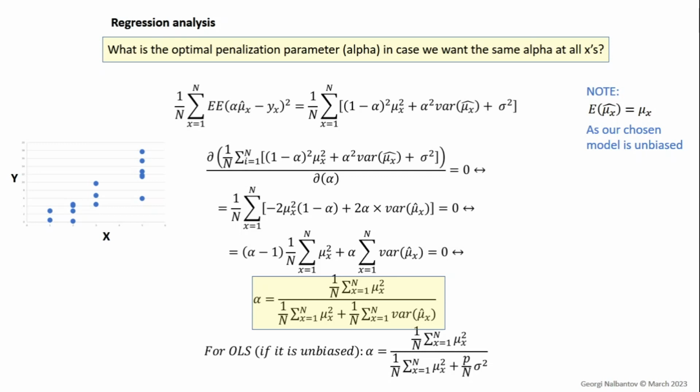What we need to know to compute the optimal alpha, and the optimal alpha is equal to this ratio that is again between 0 and 1. One interesting case is OLS: if it is unbiased, how do we bias it in an optimal way?